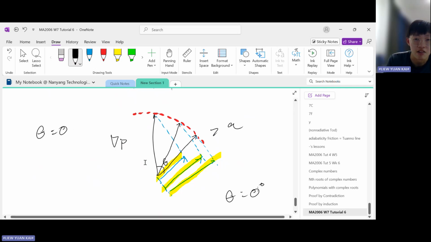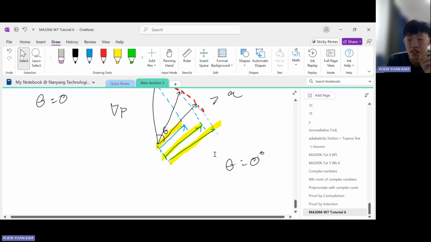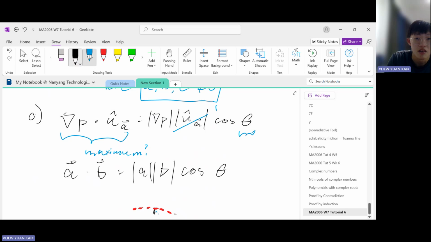That's the logic behind how to get the maximum dot product, which corresponds to the maximum projection. The maximum projection occurs when the two vectors are exactly aligned, exactly parallel, meaning theta is equal to 0 degrees. So to make this expression maximum, theta must be 0.